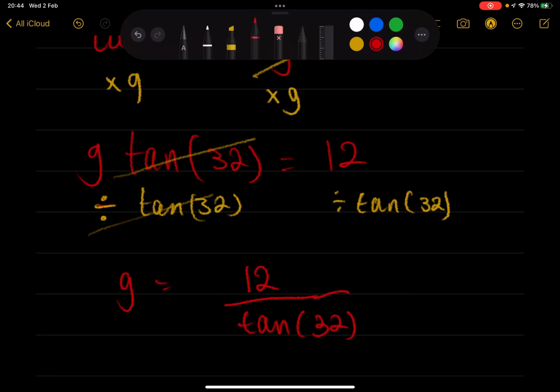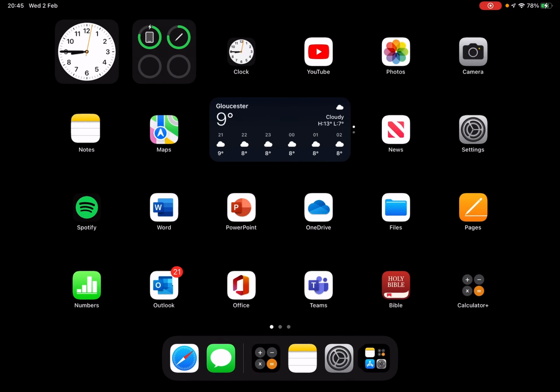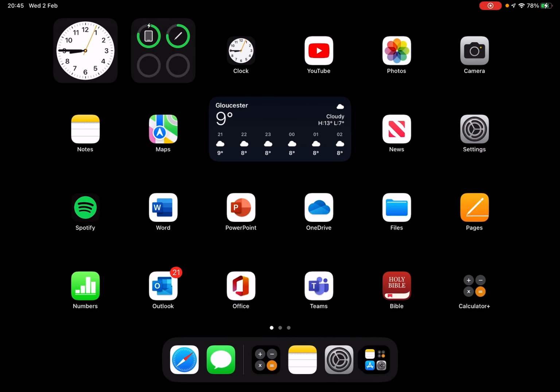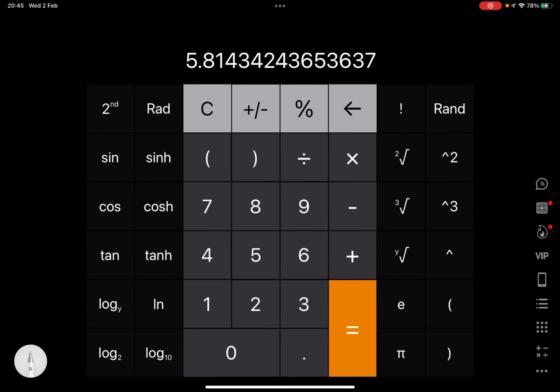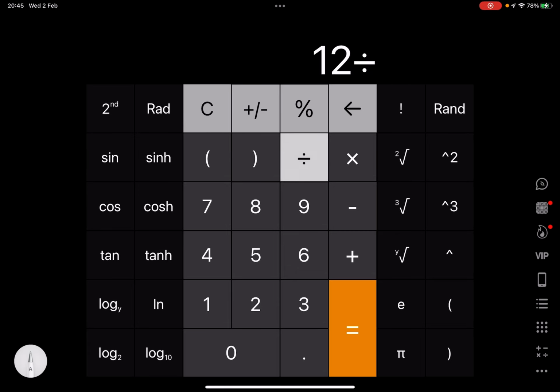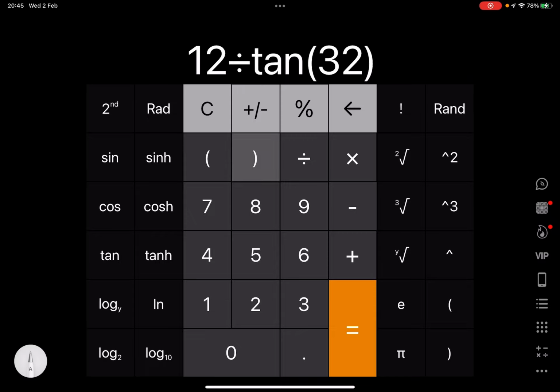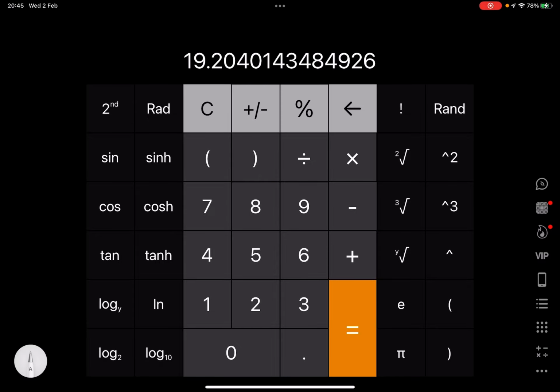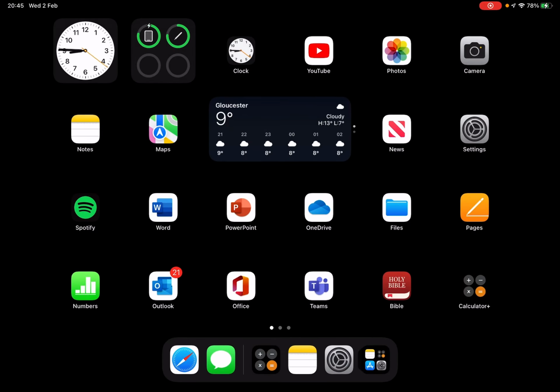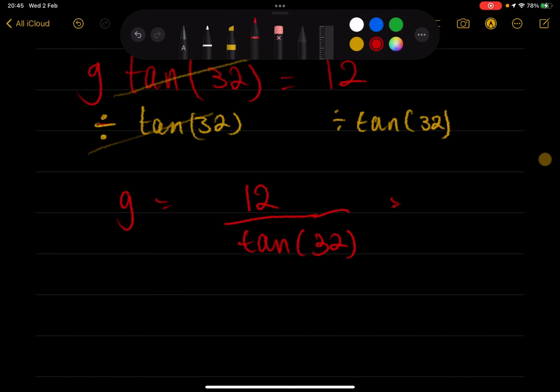Yes? And then we just need to put that into a calculator. And I've already forgotten what the calculation was. 12 divided by tan 32, isn't it? 19.2 centimeters, apparently. 19.2.